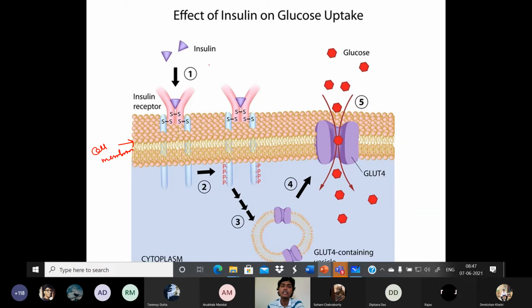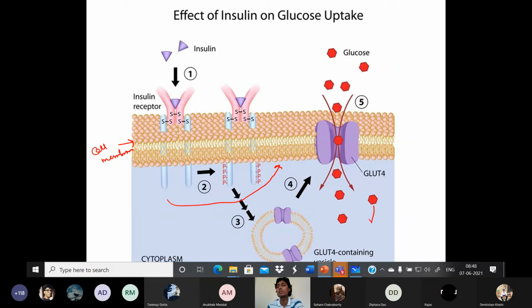This is the insulin receptor. Whenever insulin binds here, this binding helps to make more of this transporter on this membrane. This is called glucose transporter, like GLUT4, glucose transporter 4. Whenever insulin binds to the insulin receptor, you will see that more and more glucose transporters are functioning on the membrane, and the function of the glucose transporter is nothing but taking glucose from outside to inside.